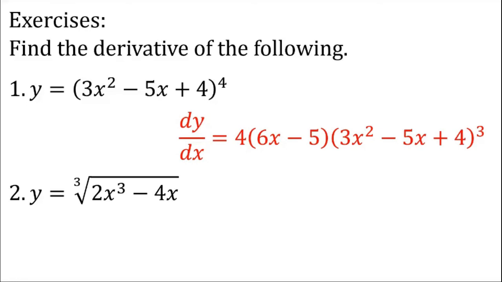Okay. Janina, what's your answer in number 1? Sir, my answer is 4 times 6x minus 5 times 3x squared minus 5x plus 4 cubed.